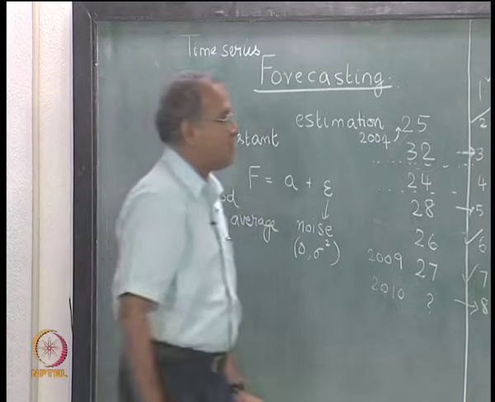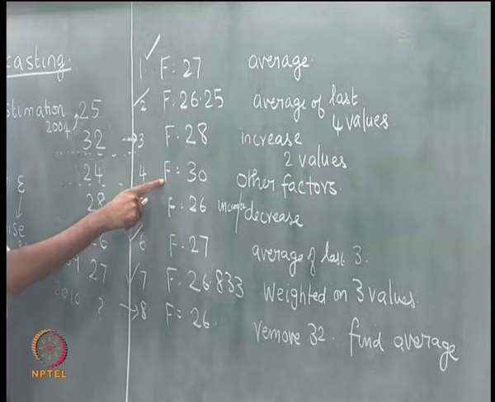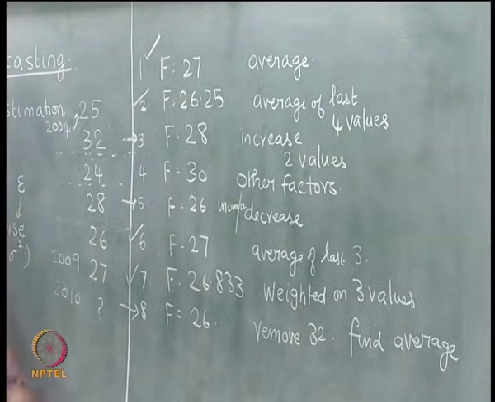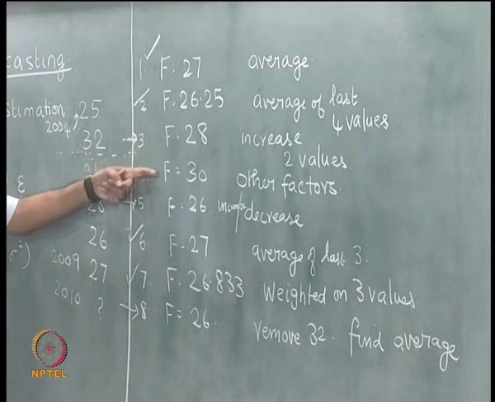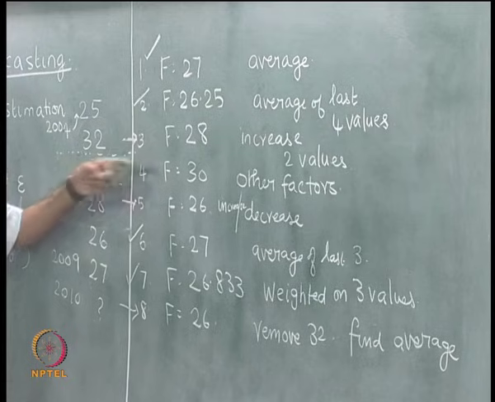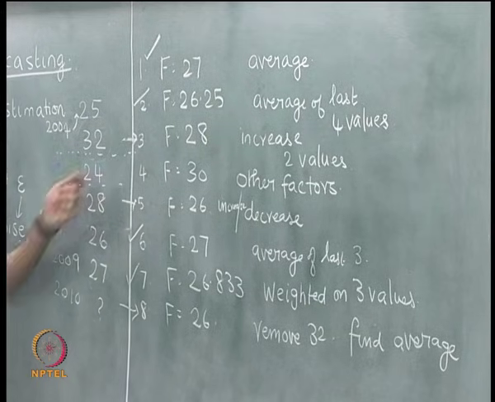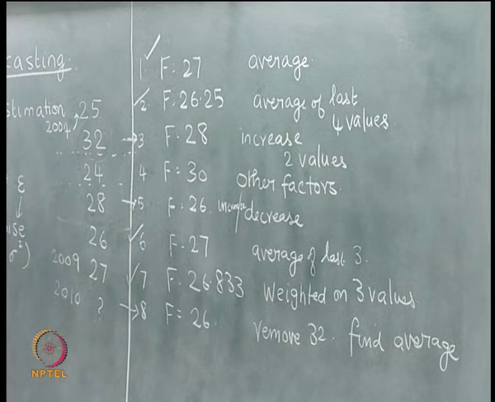Now, when we start looking at this f is equal to 30, the person who said f is equal to 30 assumes that there is some other factor which is influencing the forecast, and that factor could be the buying power of the people and so on.